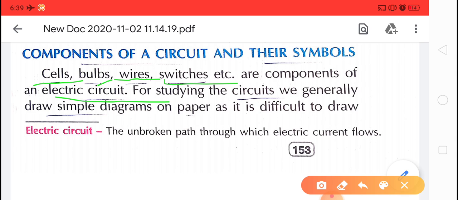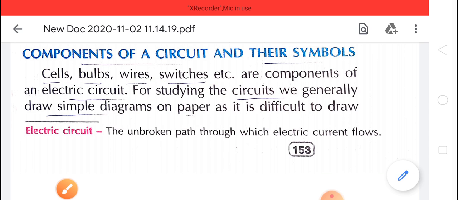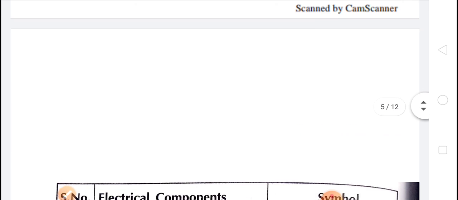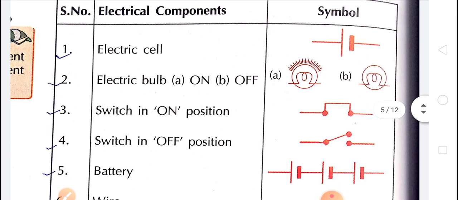The diagrams of the cell, bulb, wire and switches are very difficult to draw, so that's why we use symbols to draw them in the notebook. I'm showing the symbols of these components.